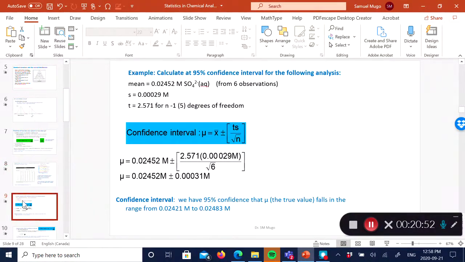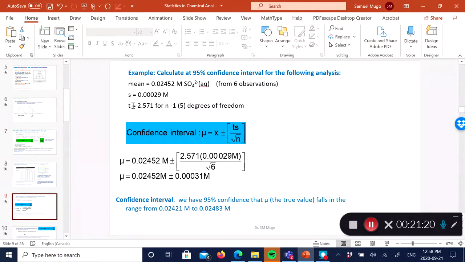So if I give you a problem like this, calculate at 95% confidence interval a data set that looks like this. You are running, say, sulfates in water. You've done 6 different measurements, maybe using a titration. And that is your standard deviation, that is your mean.